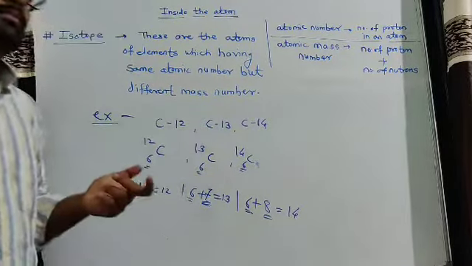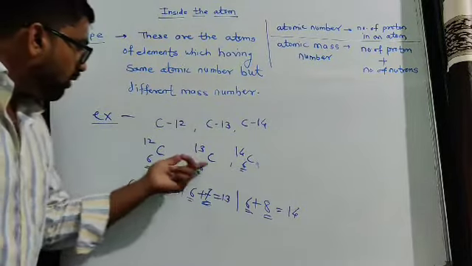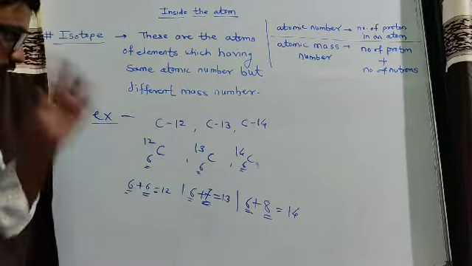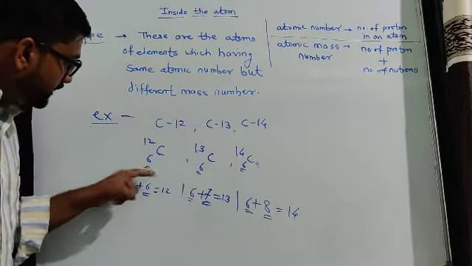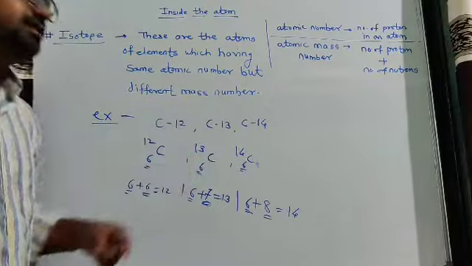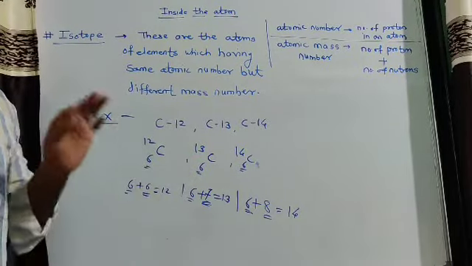Proton plus neutron is not the same in all three cases. So such atoms of an element which have the same atomic number but different mass numbers are called isotopes.